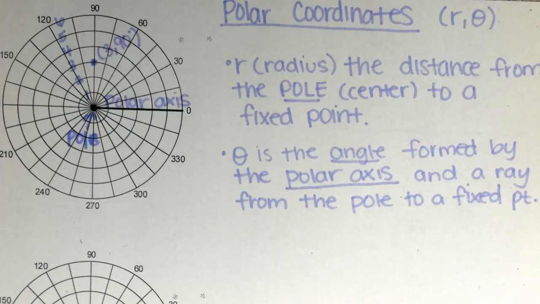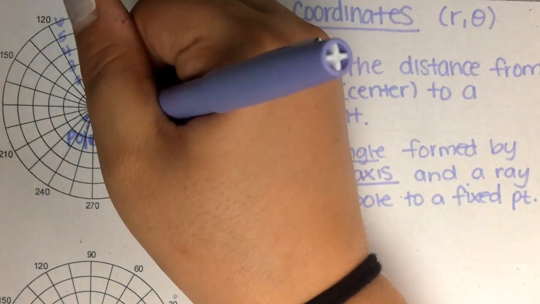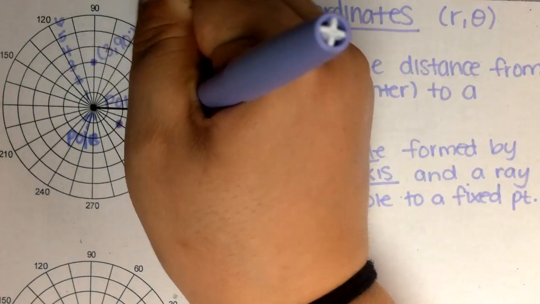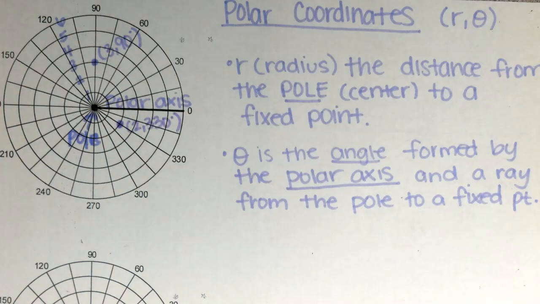Any questions about that? What if I asked you to plot 2, 330? Start at the pole, go 2 radii towards 330. Does this make sense?